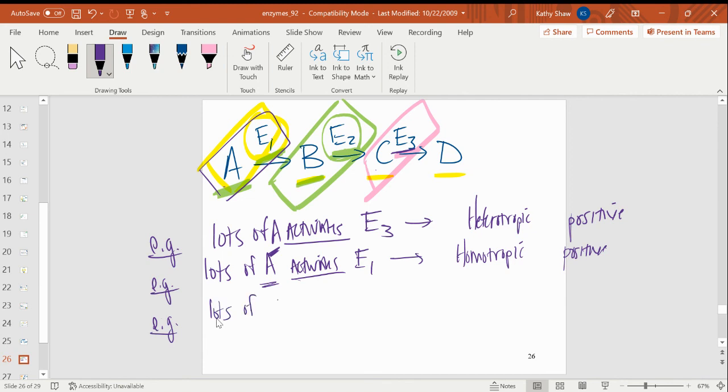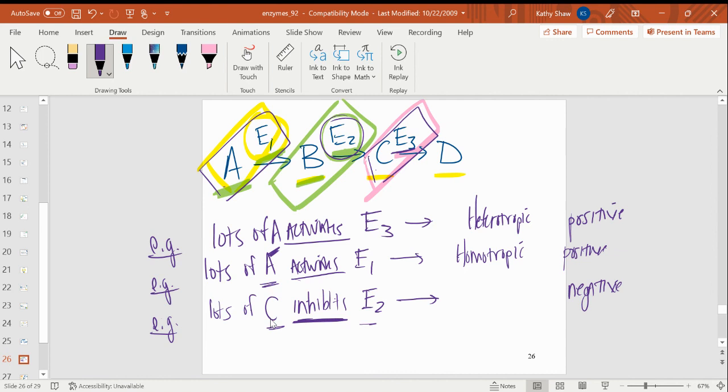Or another one. Lots of C inhibits. How about E2? So look first. Activates or inhibits? Inhibits. Negative. Is C the substrate of E2? Here's E2. Nope.